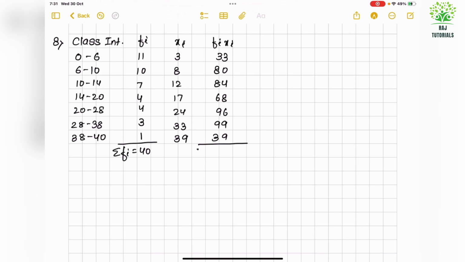So sigma fi xi will be 499. So therefore mean will be sigma fi xi upon sigma fi. So that will be 499 by 40. So if I divide it, I will get 12.4.